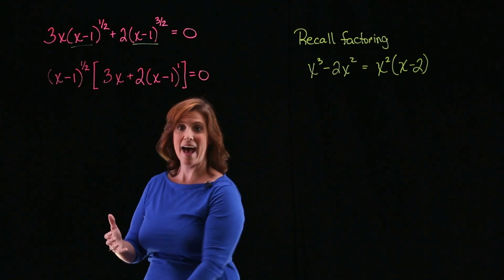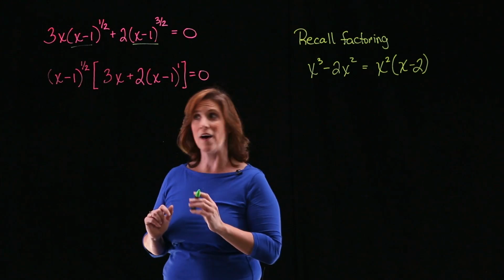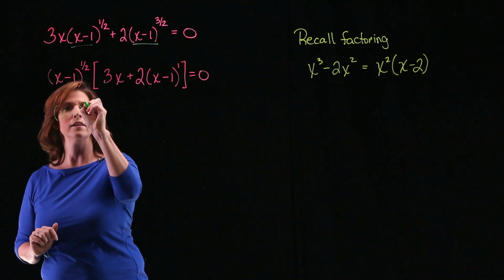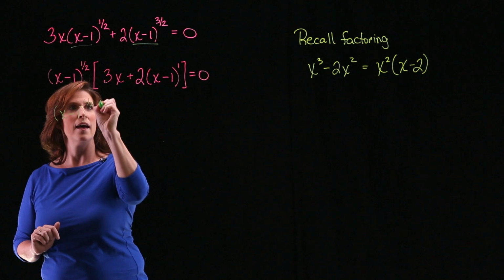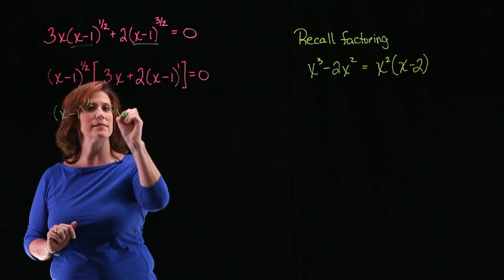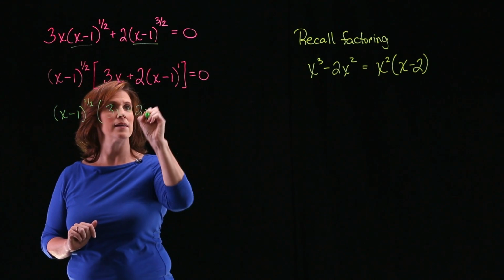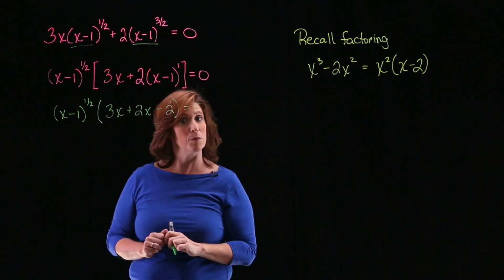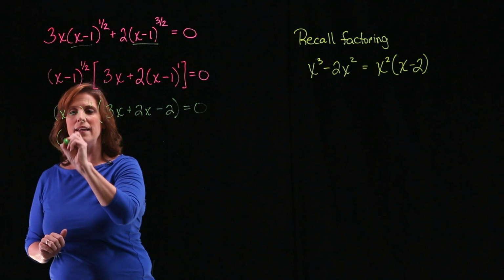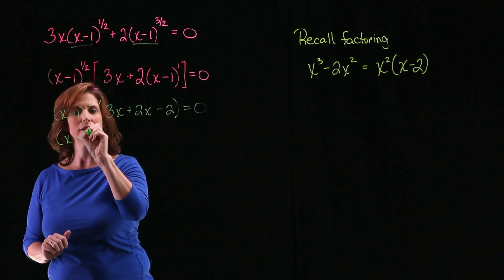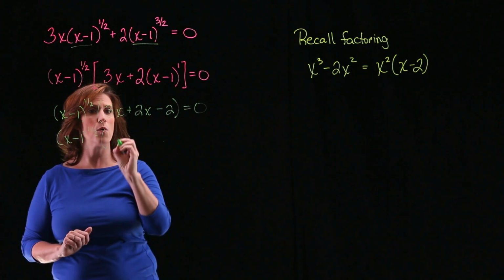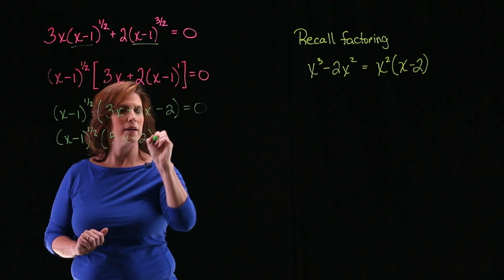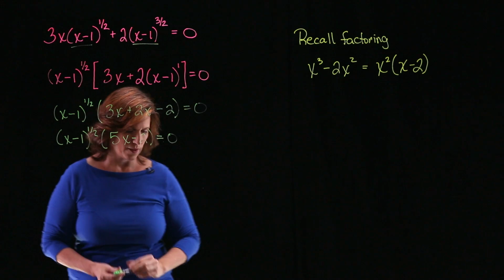Okay, so now that I have that fractional exponent piece factored out, I can continue and write this as x minus 1 to the 1/2, and then I'm going to have 3x plus 2x minus 2 equals 0. All I did was distribute my 2. Then I have x minus 1 to the 1/2 times the quantity 5x minus 2 equals 0.